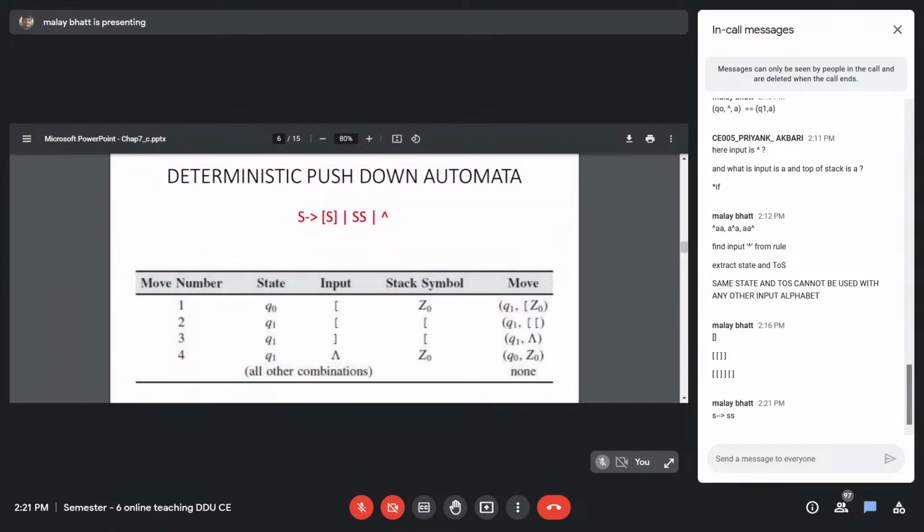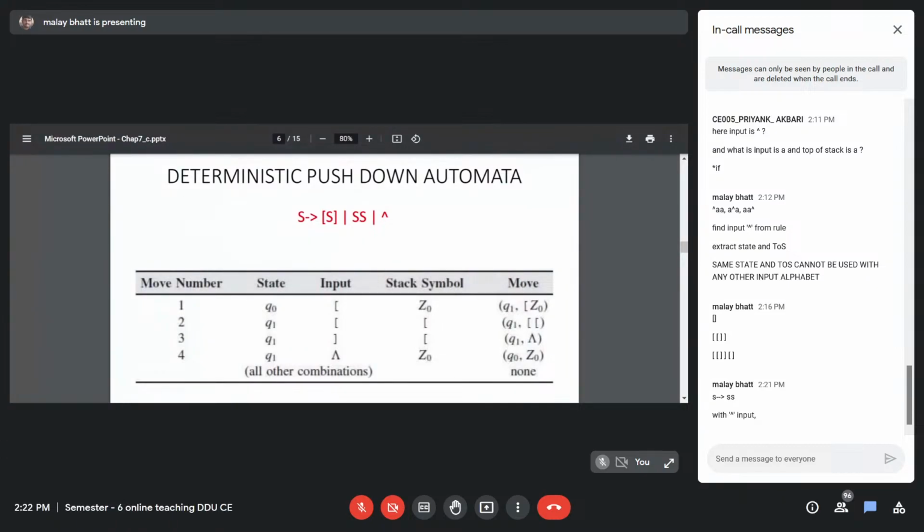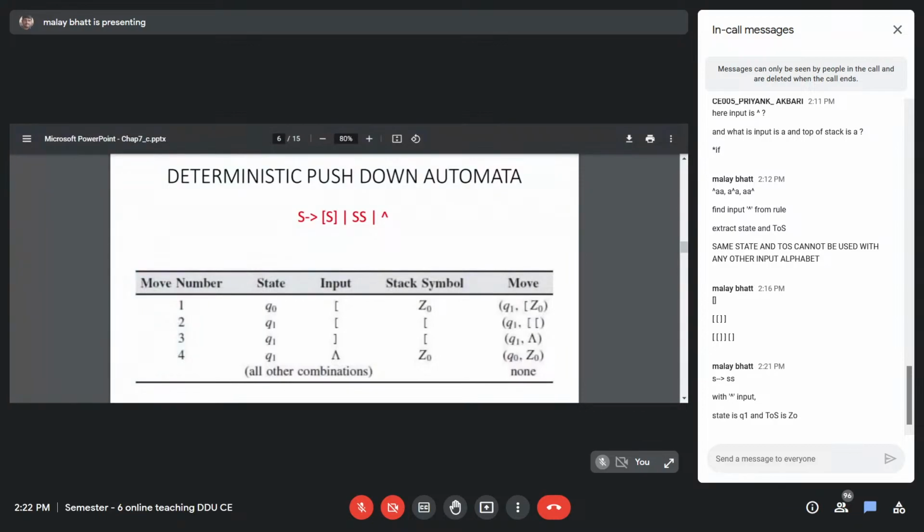Second thing, with the null input we have state Q1 and the top of the stack is Z0. So this Q1 and Z0 are not with any other input alphabet in any rule.